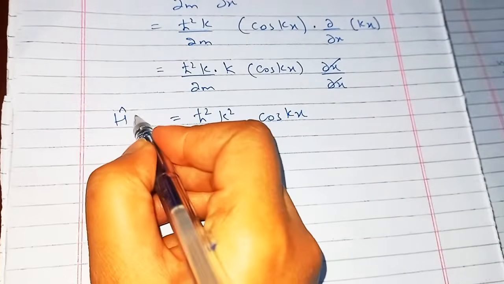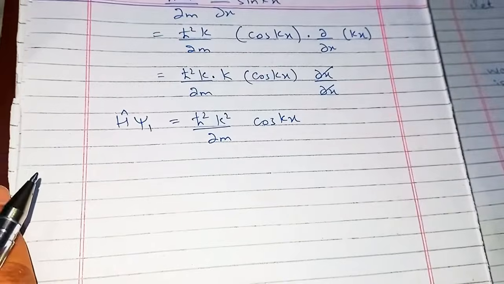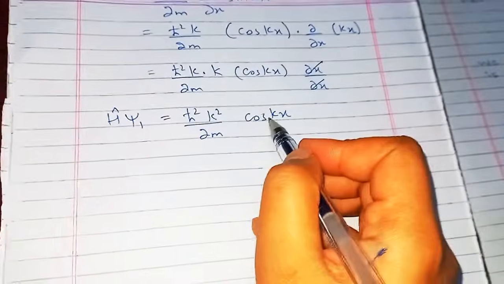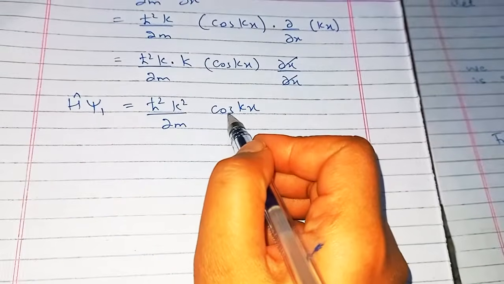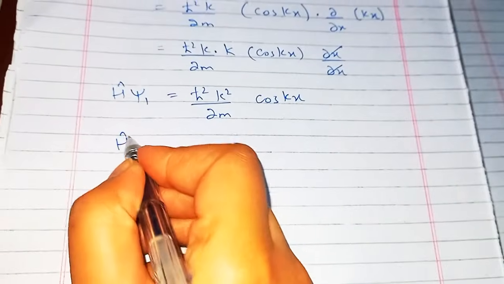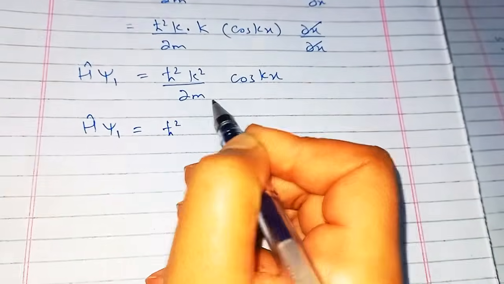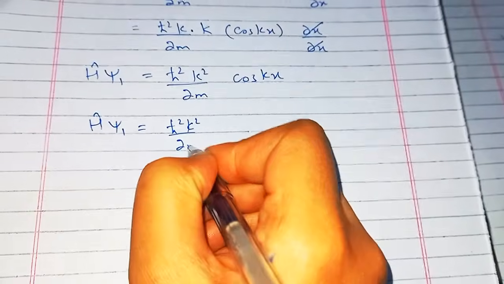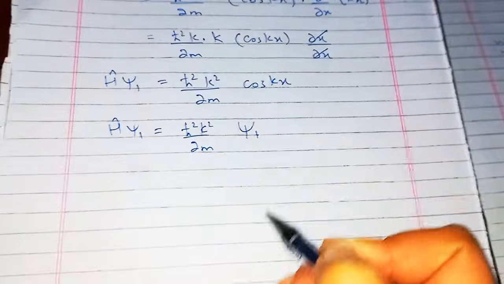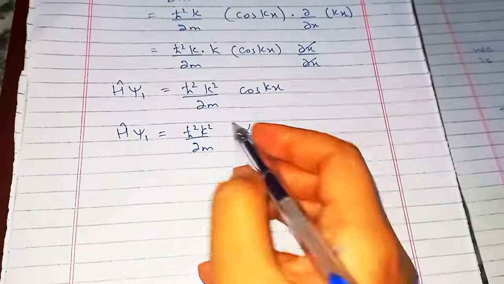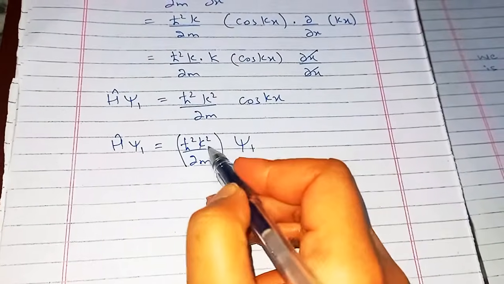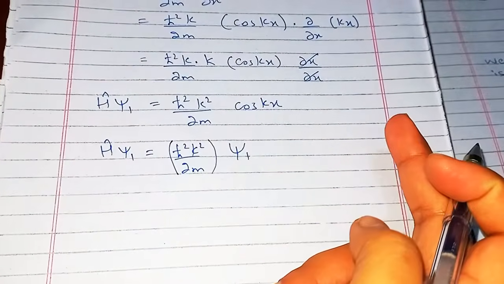We had this situation on the left hand side, and this is on the right hand side, and we can see this is psi 1 actually. Cos kx is psi 1, with h square k square by 2m multiplying it. Alright, and we can see that this is a constant quantity. It doesn't contain any x variable in it.